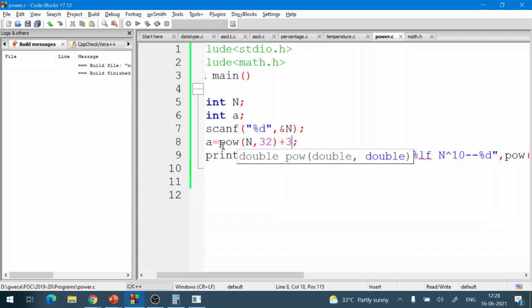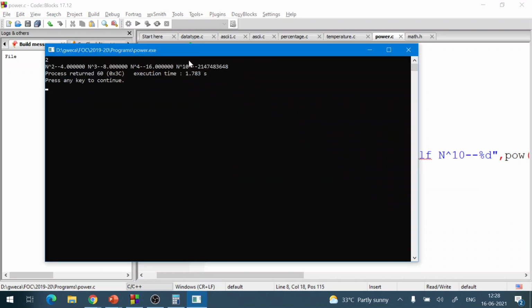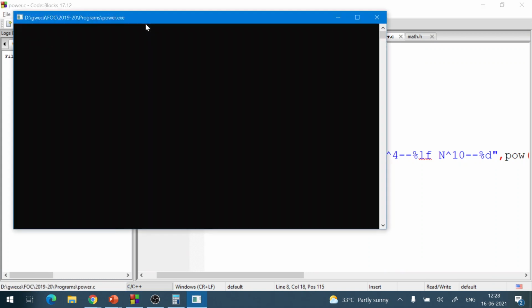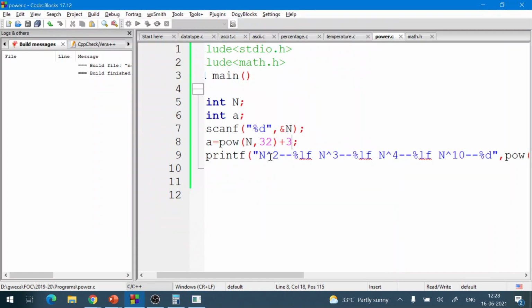This is another expression. So n raised to power 214748368. It is not changing the value as percent d. In this way we can create various things.